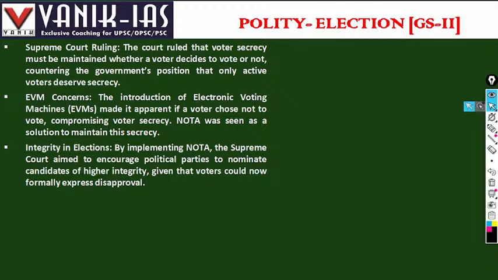By implementing NOTA, the Supreme Court aimed to encourage political parties to nominate candidates of higher integrity, given that voters would now formally express disapproval.